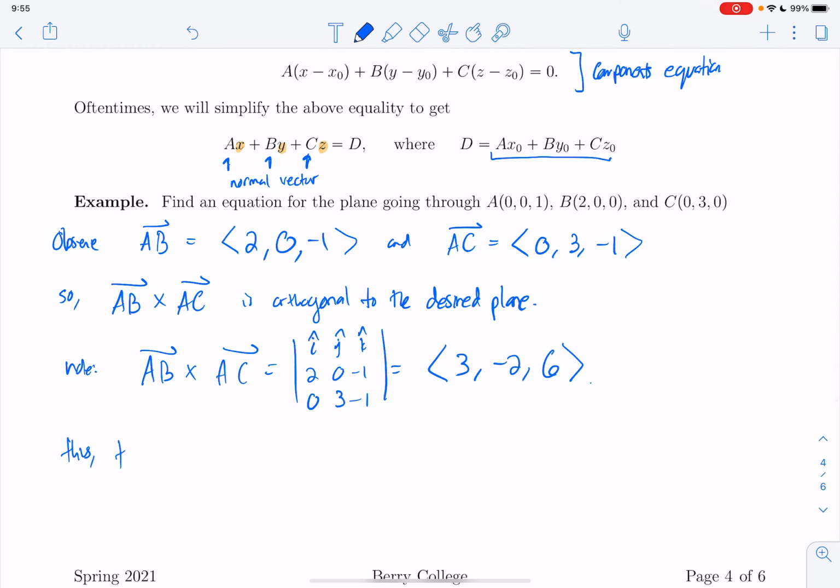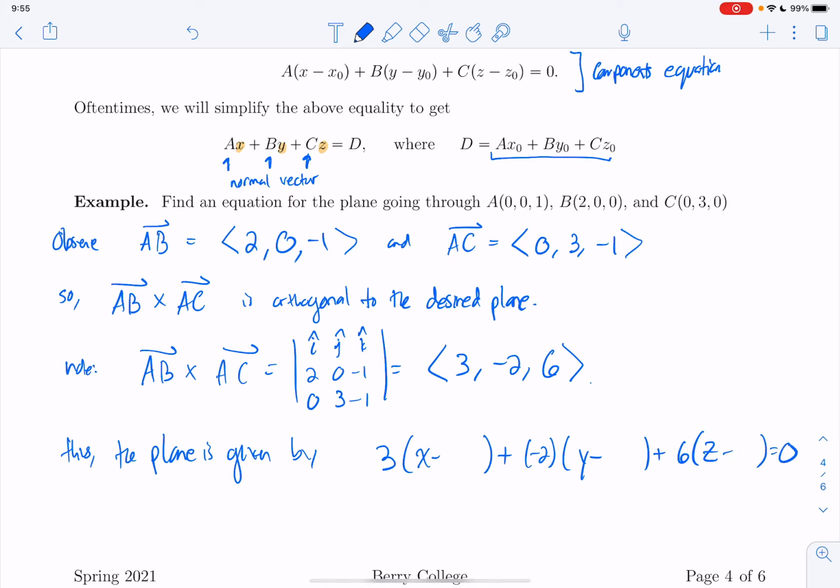Thus, the plane is given by 3 times (x minus the x-coordinate) plus negative 2 times (y minus the y-coordinate) plus 6 times (z minus the z-coordinate) is equal to 0, where we'll remind ourselves that 3, negative 2, and 6 are those coefficients. Those are coming from the normal vector.